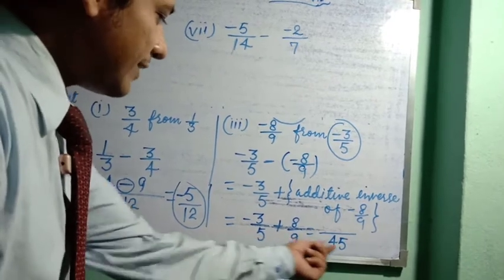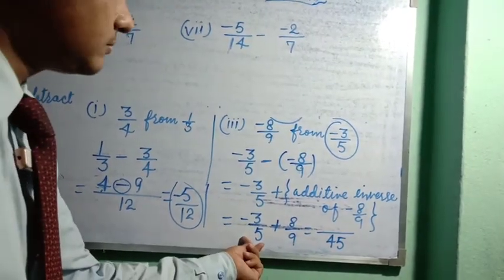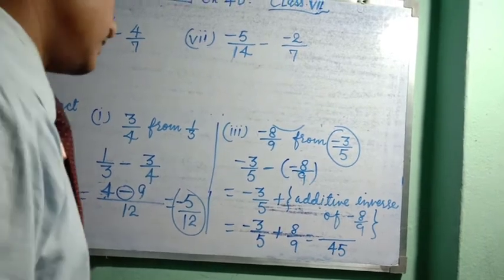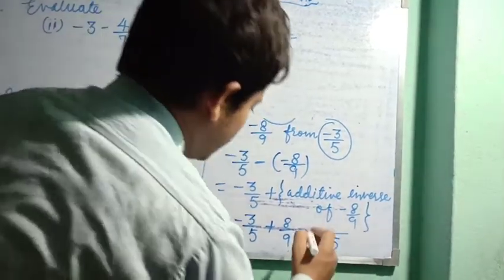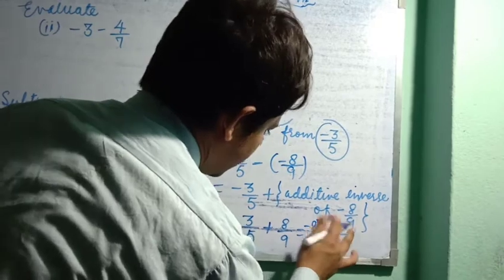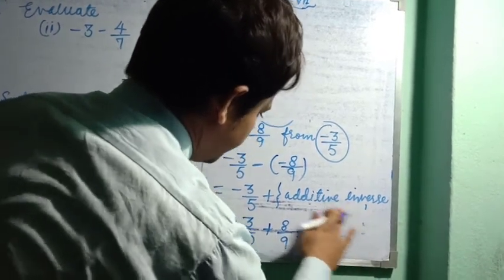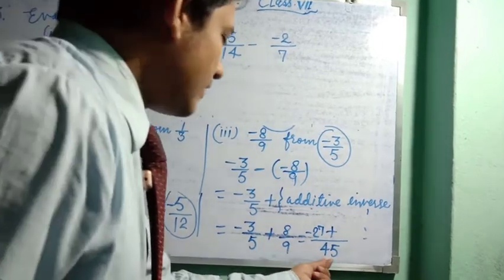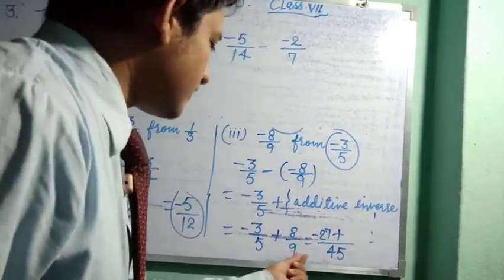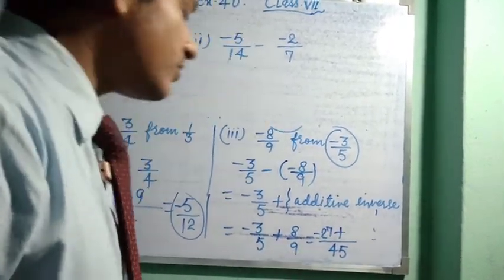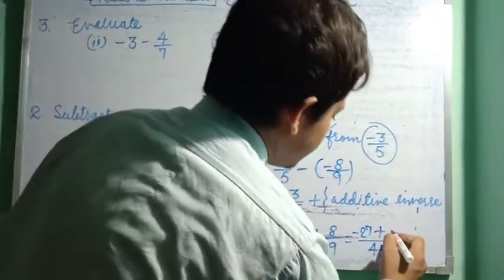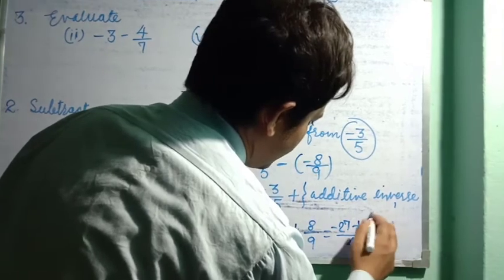Same, divide 45 by 5 becomes 9, because 5 nines are 45, and 9 multiplied by minus 3 is minus 27. Here is plus. Now divide 45 by 9: 9 fives are 45, we get the quotient 5. 5 multiplied by 8, yes, 8 fives are 40.